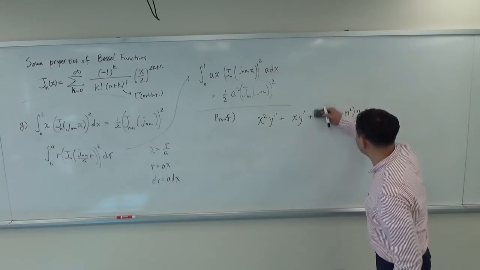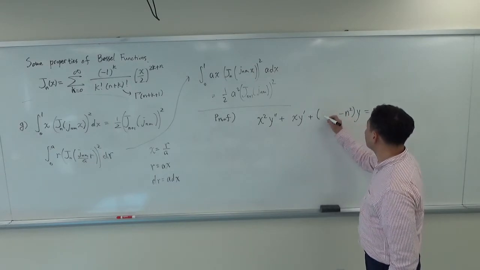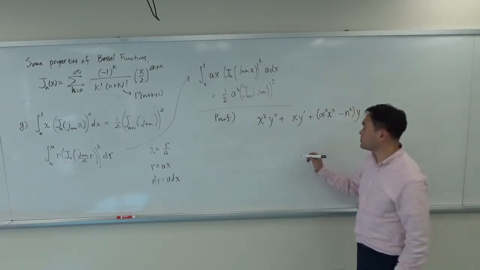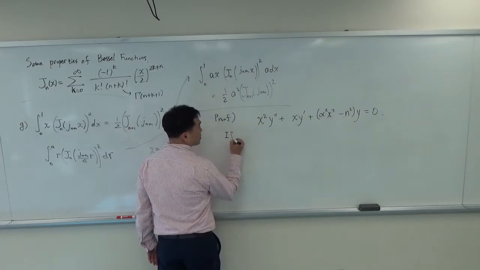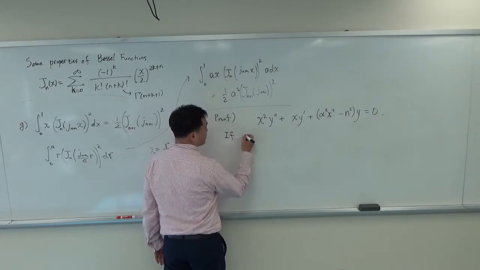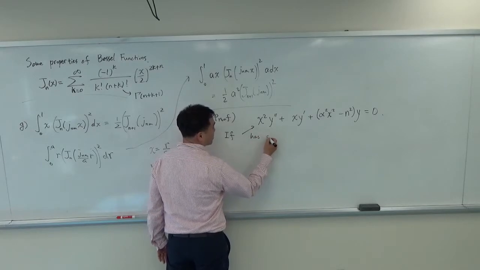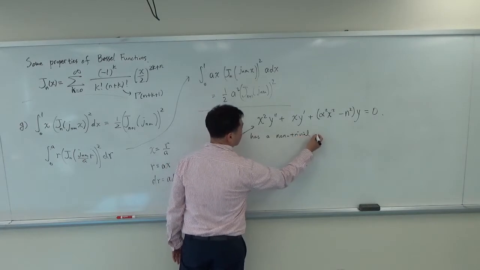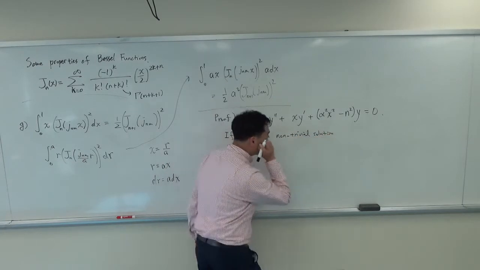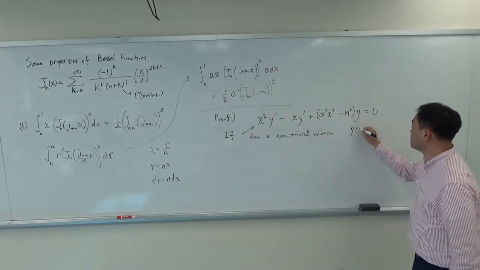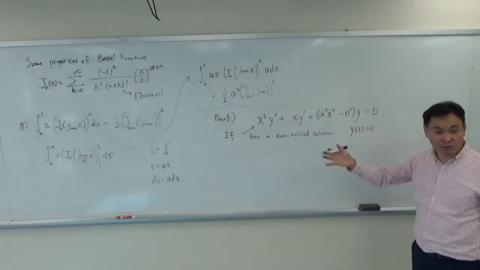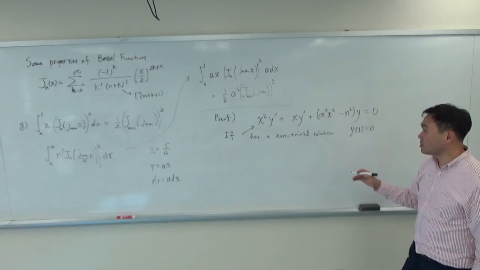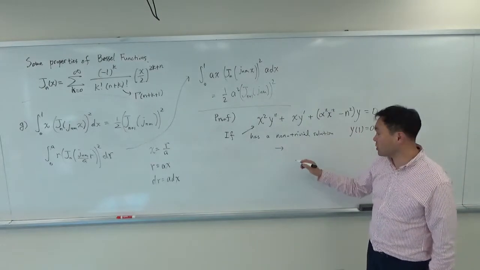We know that if this one has a non-trivial solution with some boundary conditions, with y of 1 being 0, because it has to be 0 at the rim of the disk, and also y of 0 being finite, then we know that the solution should be a multiple of what?